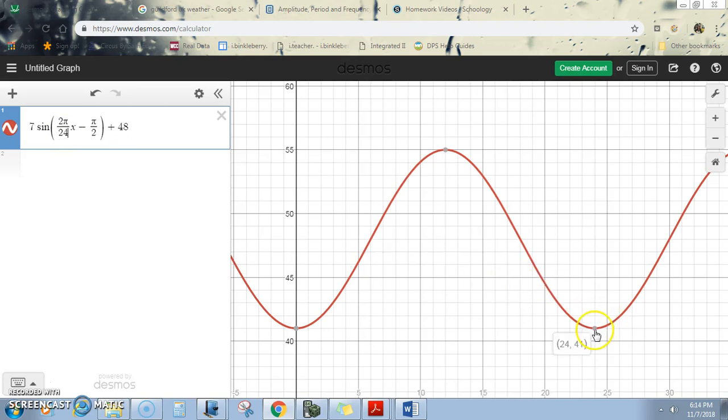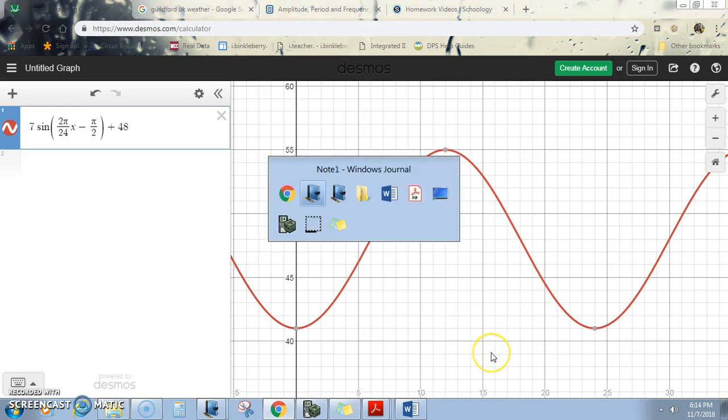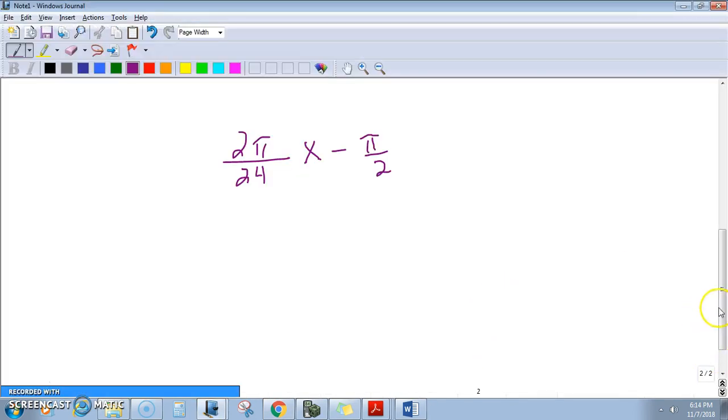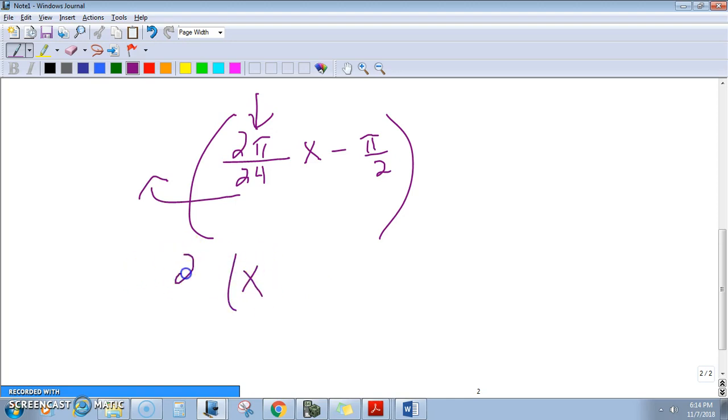So what does that look like here? Yep, 24 instead of the 2 pi. But I know a lot of you did a little more work for it, and what that looked like was, this is what we have right now, 2 pi over 24, all in parentheses. If you want to see what it looks like a little bit differently, we can factor out this 2 pi over 24, and when you factor that out, which means we, of course, put it on the outside, we just have x, right?